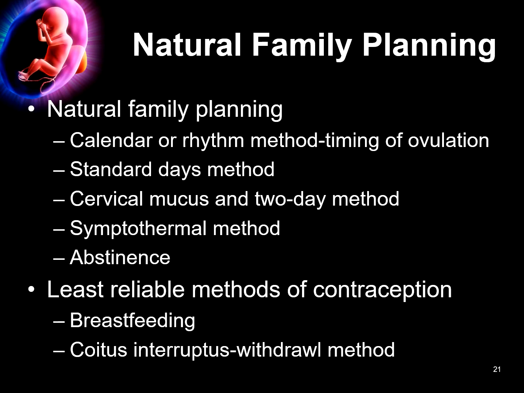And then there is the cervical mucus and 2-day method, and this is also called the ovulation or Billings method. The cervical mucus technique is based on changes in cervical mucus that are assessed by wiping it from the vaginal orifice with tissue each day, and there is no mucus for the first 3 to 4 days after menses, and then thick, sticky mucus begins to appear after the 4th day.